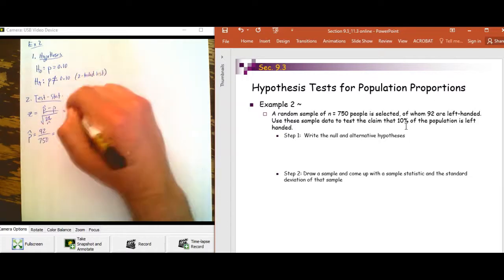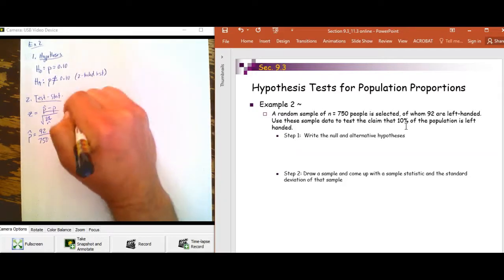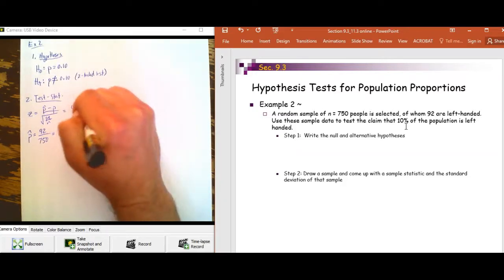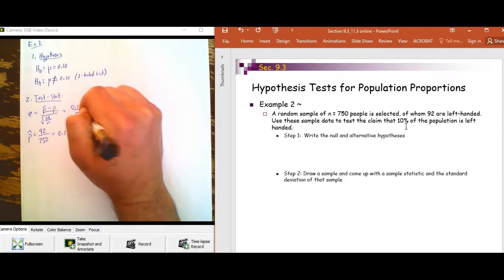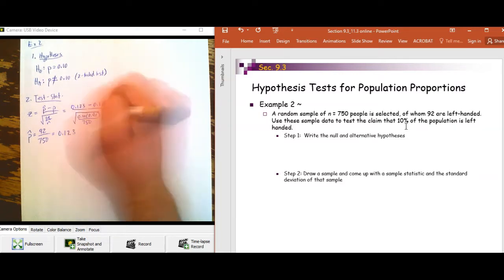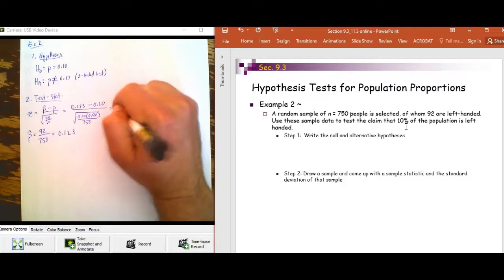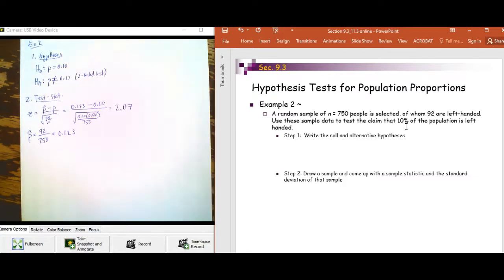All right, so let's plug in our values. So 0.123 minus 0.10 over the square root of 0.10 times q, which would be 0.90, over 750. Calculating that, we will get about 2.07.